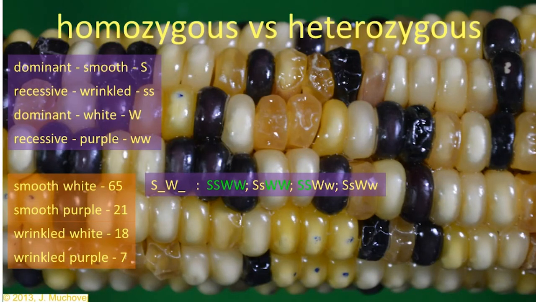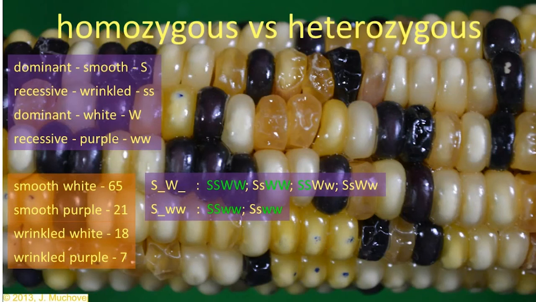We could have a cap S, which would be homozygous for the smooth. If we look at the smooth purple, well, the cap S is homozygous. The lowercase w for the purple is homozygous. So we have those being homozygous.